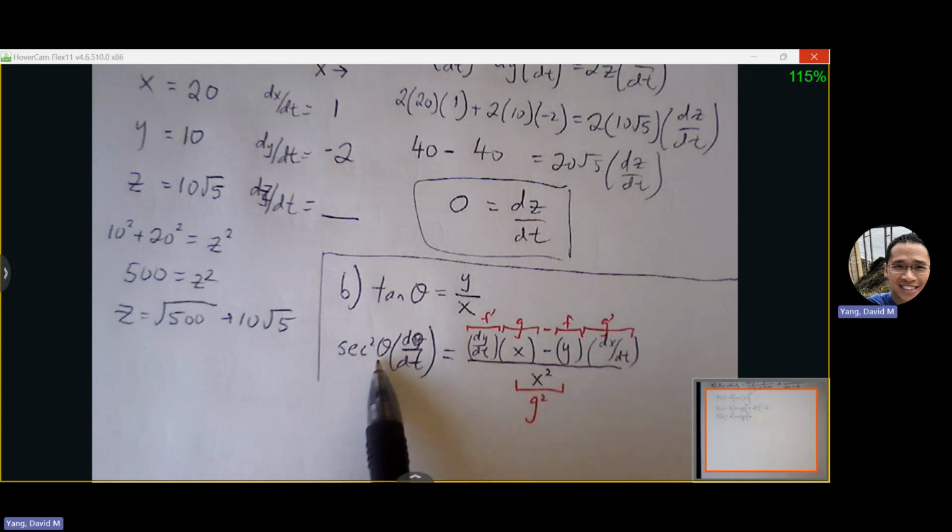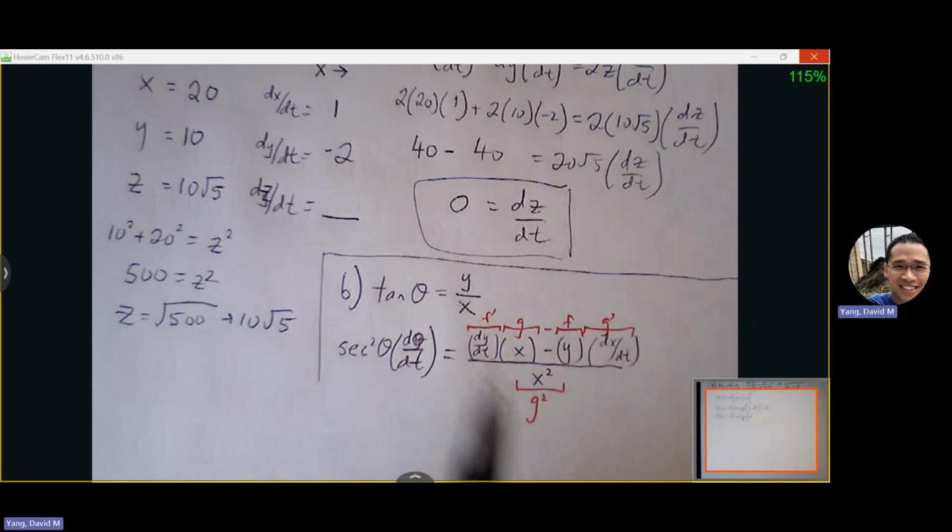Again, the biggest trouble students have when they get stuck is they're usually stuck trying to find theta. They don't know how to find theta, but we're not looking for theta, right? We're trying to find something to replace the entire secant of theta.